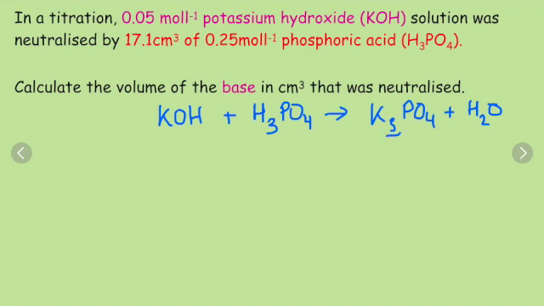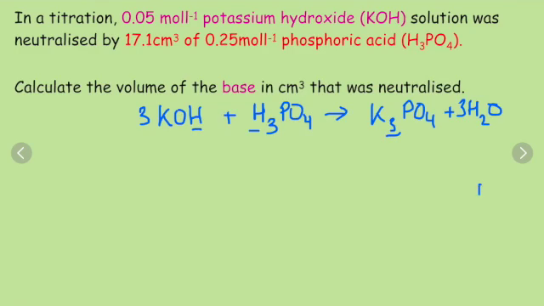So we have 3 potassiums, so we're going to have to change that. And now we've automatically changed the hydrogen. So now we have 3 and 3, 6. So we're going to have to put another 3 there. And now this equation is balanced.